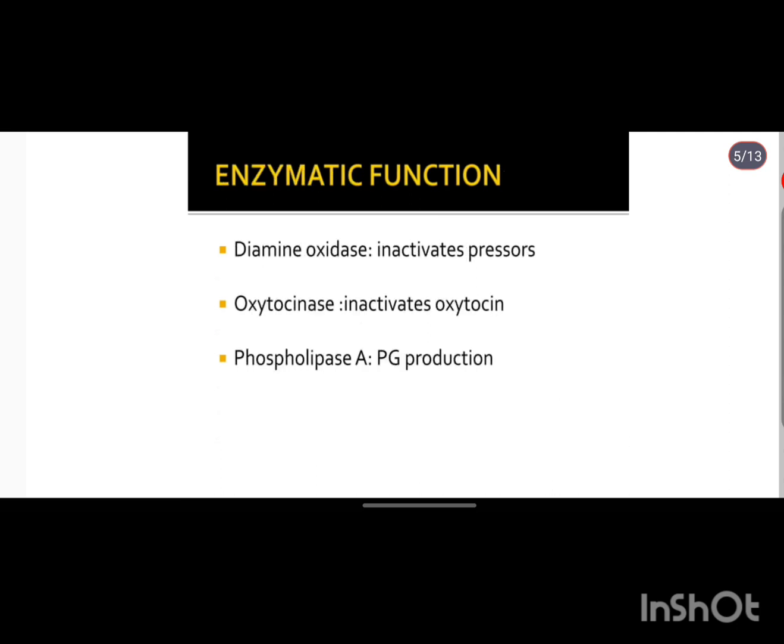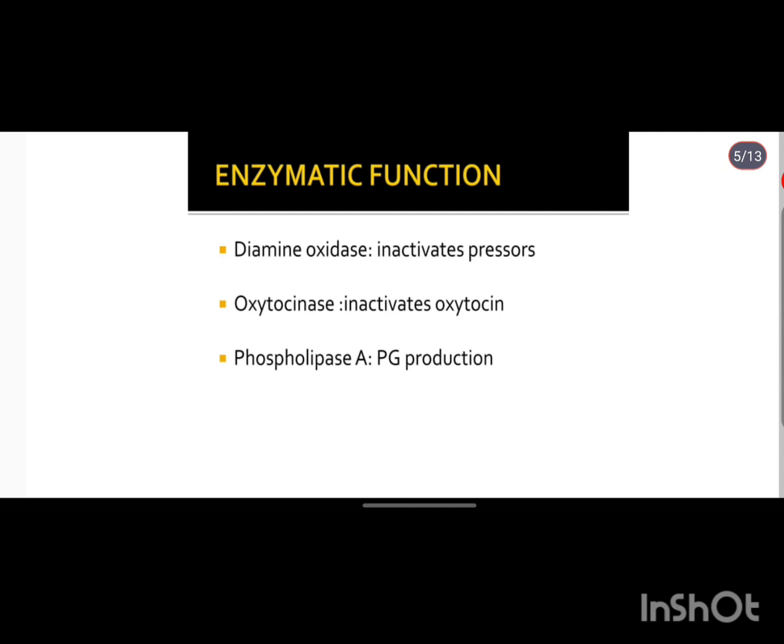Next is the enzymatic function. In the enzymatic function, with the help of oxidation and reduction processes, the placenta tries to protect the fetus from unwanted substances which endanger the fetus.